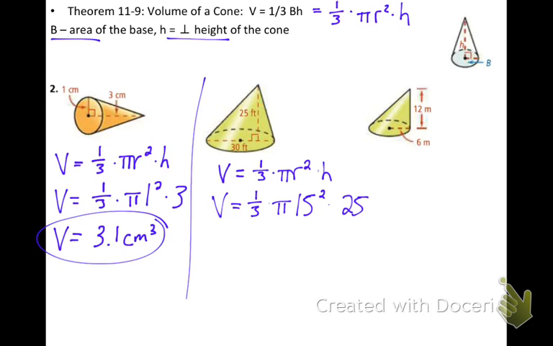So when I do that, I get 15 squared times 25 times pi divided by 3. Volume is equal to 5,890.5. And again, these are cubic feet.